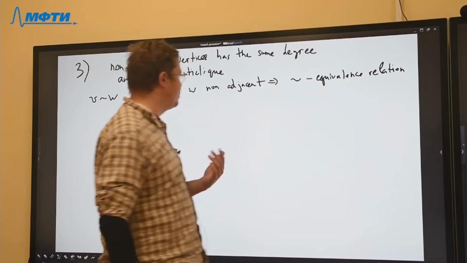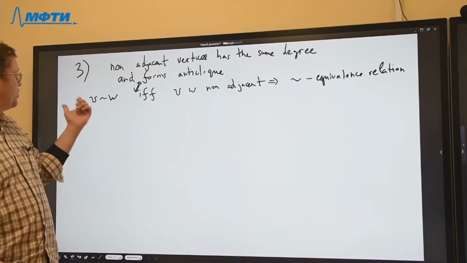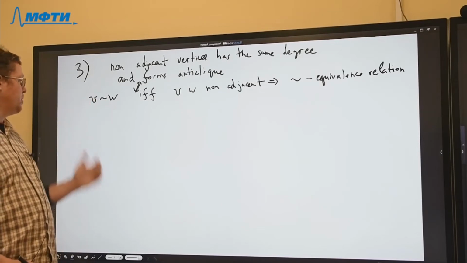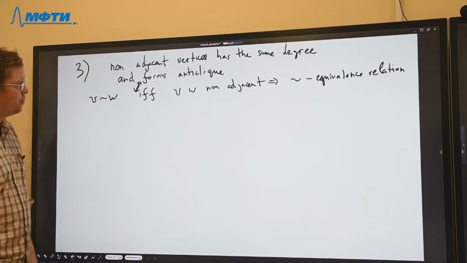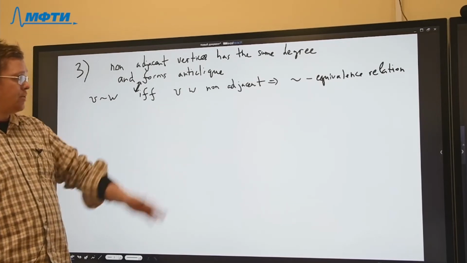A vertex is not adjacent to itself. If V is not adjacent to W, then W is not adjacent to V. And the transitivity rule comes from the second property.